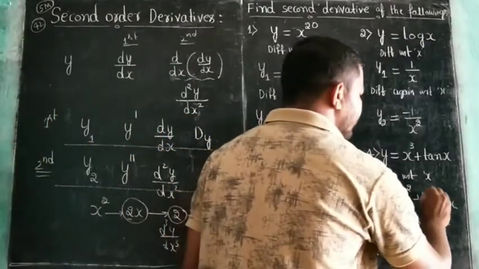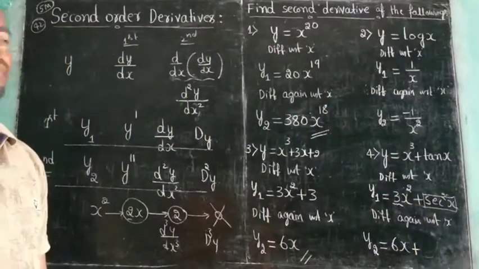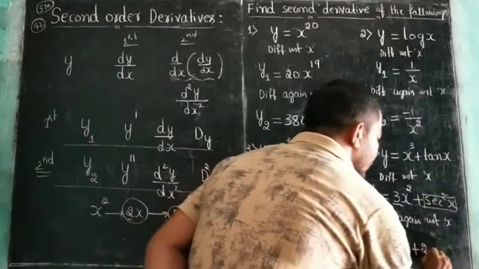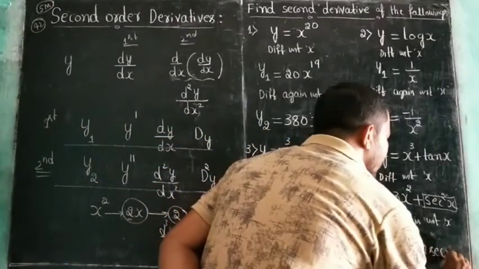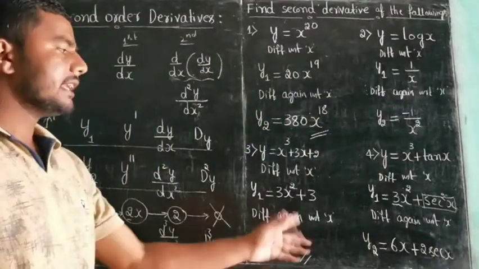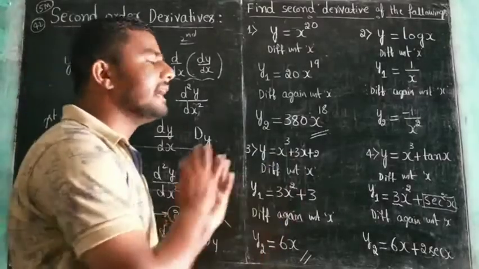It is of the form w power n. What is the derivative of w power n? n into w power n minus 1. 2 minus 1 becomes 1, into d by dx of w.